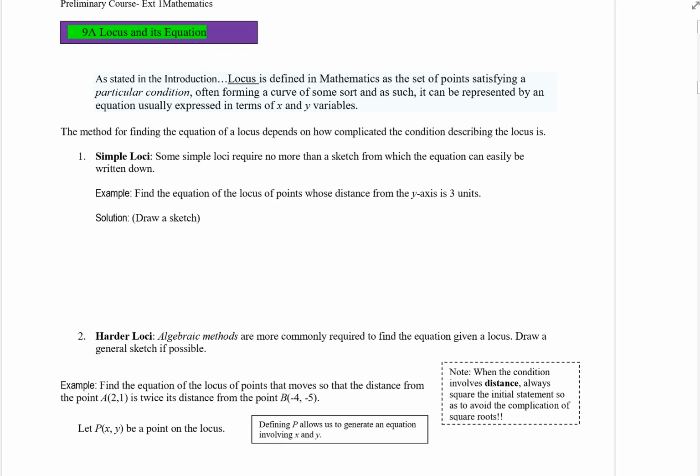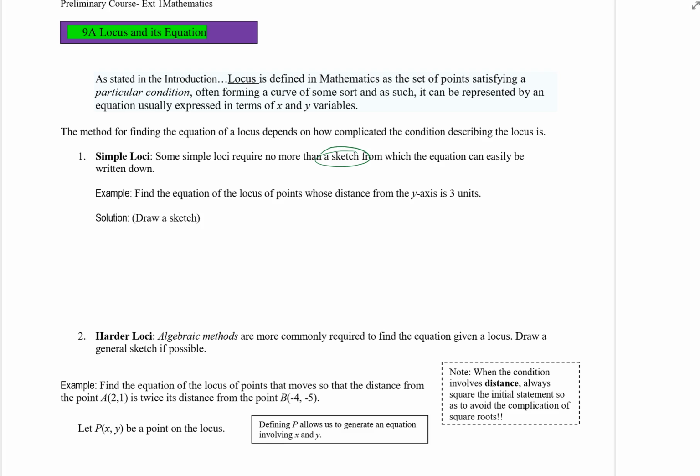Now, you can see that I've categorised these into very simple loci and harder loci, and that's just the plural for locus. With these very simple ones, we can actually, without any working, write down the equation. So let's have a look at it. Maybe we'll do a simple sketch, and then from the sketch, we can write the equation.